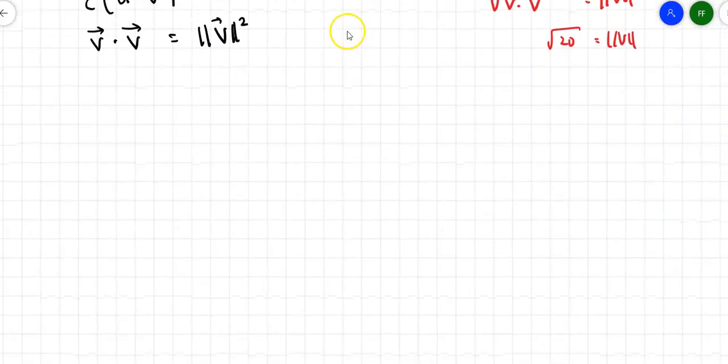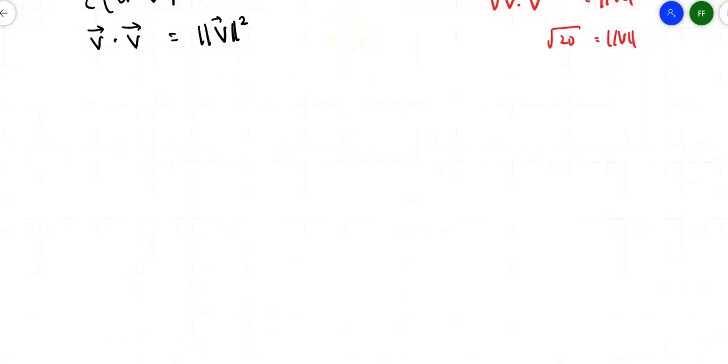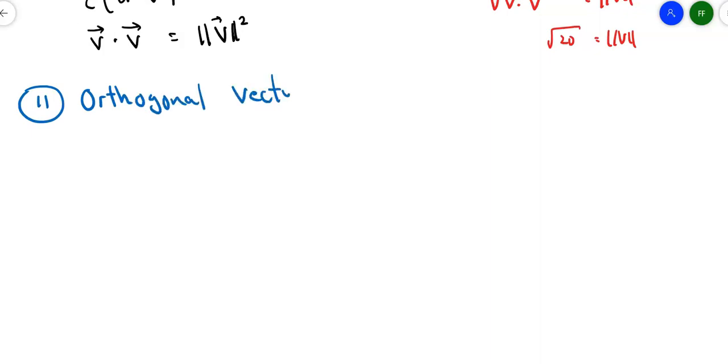Here's another property for these dot products and vectors. Go back to my cosine example. So I'm going to call these orthogonal vectors. When is the cosine of theta equal to 0?